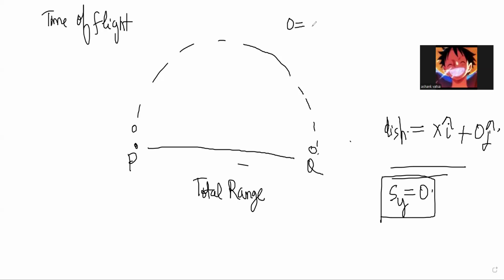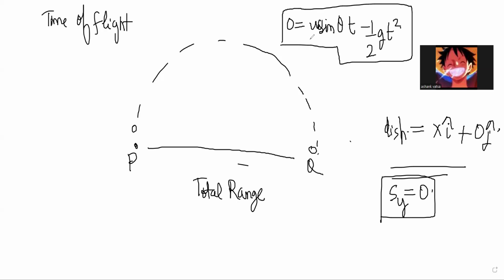So 0 is equal to ut. We are doing the y direction, so it will be u sin theta t minus half g t squared, right? Yes, sir. Do you understand how I'm getting this? u sin theta t minus half g t squared equals 0. Yeah. Now you can cancel one t here and you'll get g t is equal to 2u sin theta.